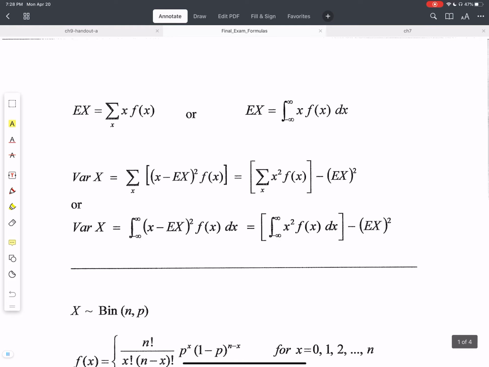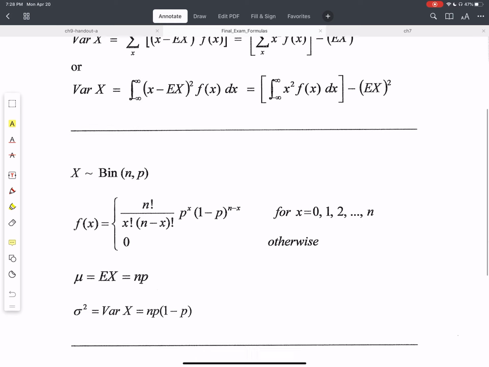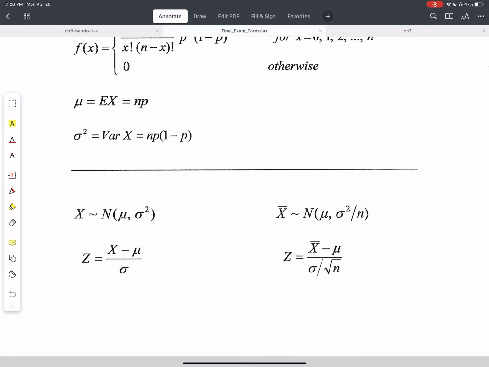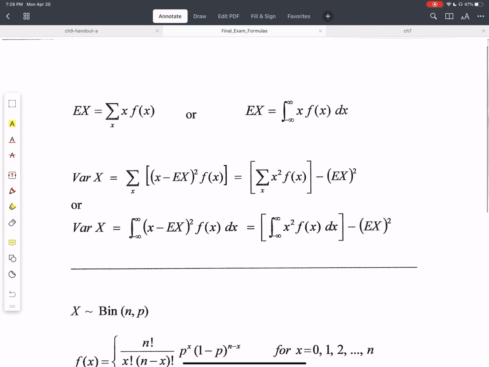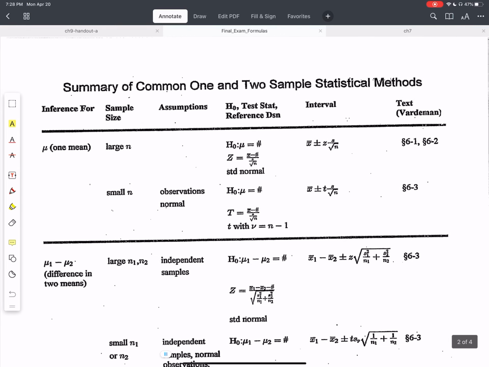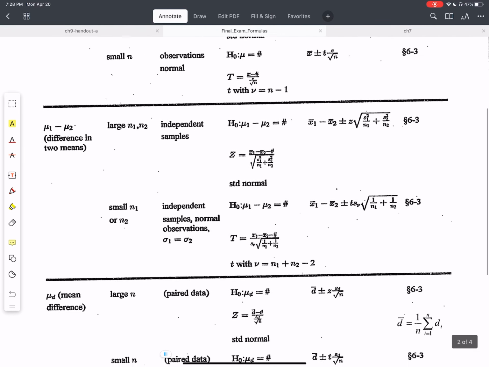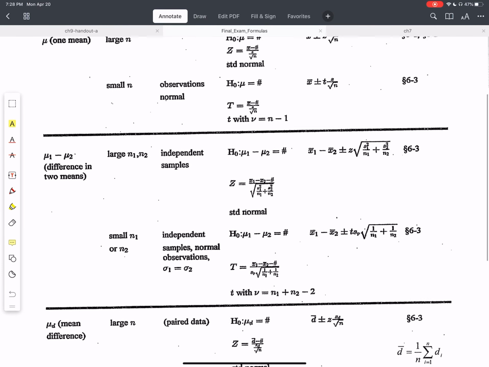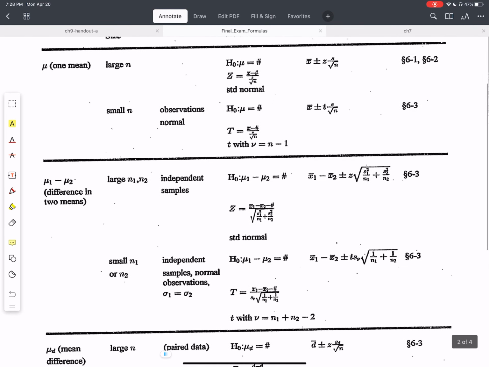There is another handout called final exam formulas. These formulas are mostly related to some special distributions, the calculations of expectation and variance, and there are some summaries of formulas used in statistical inference. This is one-sample inference and two-sample inference.